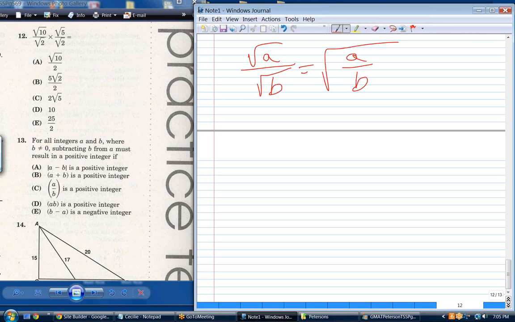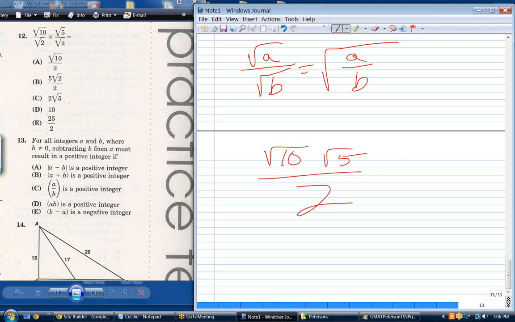Well, square root 2 times square root 2 is 2. So we got square root of 10 times square root of 5 all over 2 after we multiply numerators and multiply denominators.